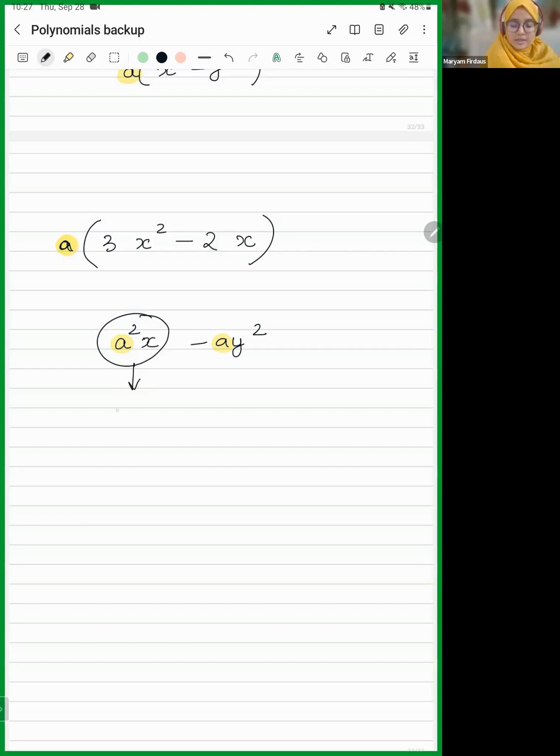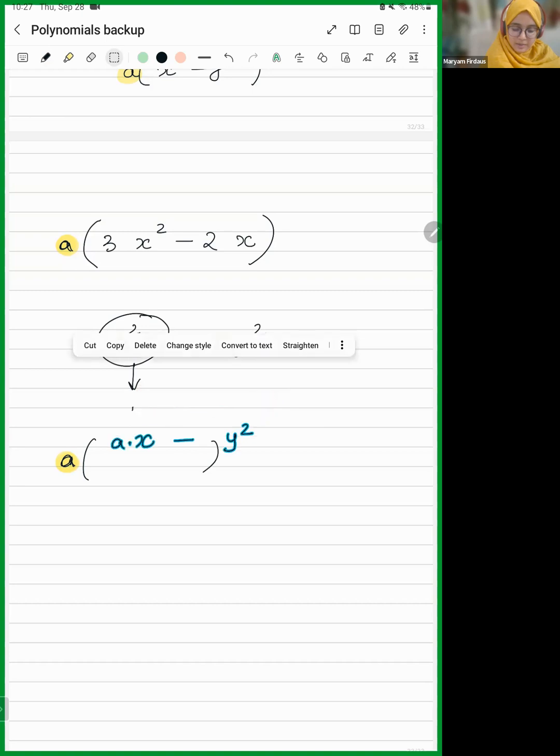This term is a into x, right? And this term is a into y square. So basically, we are taking one a as common. So what are you left with inside the bracket? ax minus y square. Very good. You are left with ax minus y square.